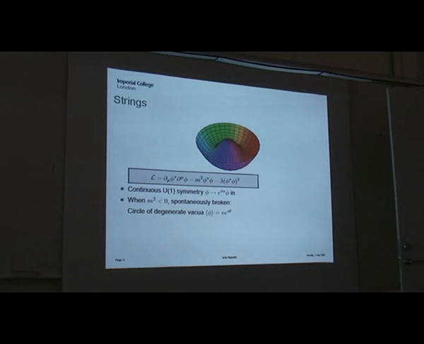That's the topology of a sphere, so it's an S2. The field values on the surface are therefore a map from S2 to the vacuum manifold.